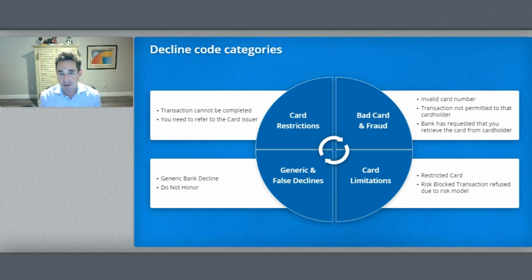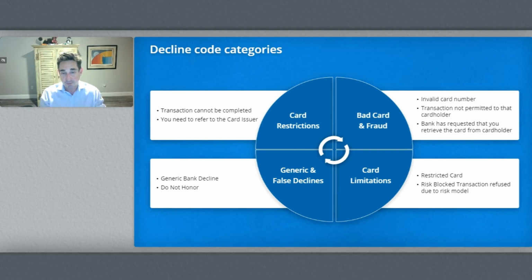But sometimes bad cards that have been expired or invalid card number will require engagement and interaction and support by the subscriber or sustainer to solve. Other types of transactions are what are called soft declines. They're more generic reason codes like do not honor, a generic bank decline. Reason codes like that often can be solved working directly with the banking system.